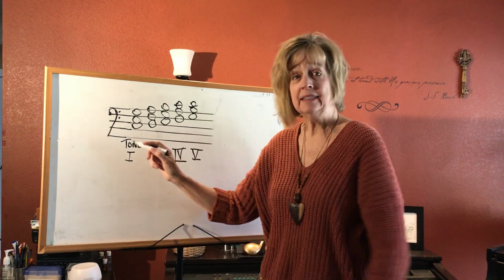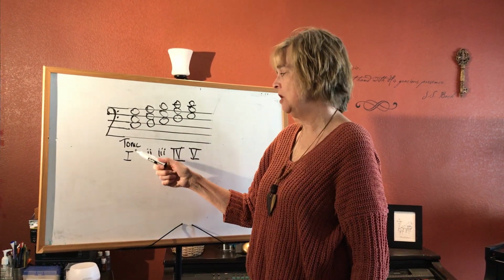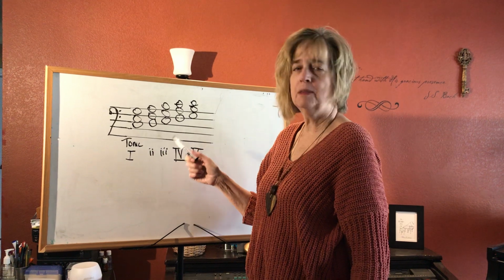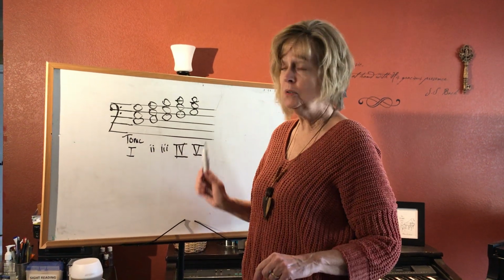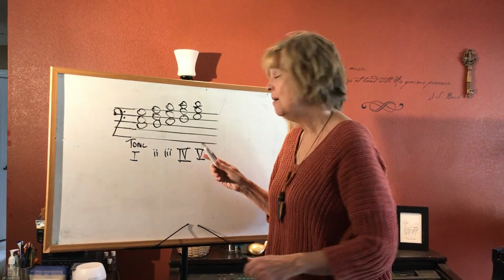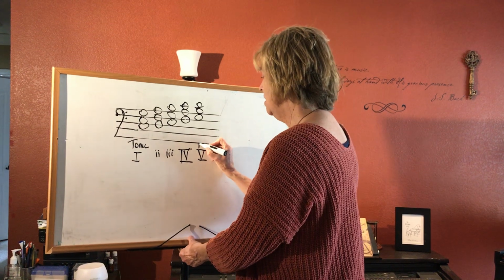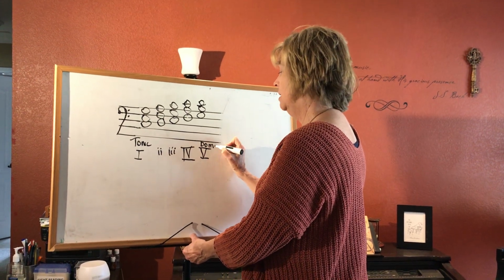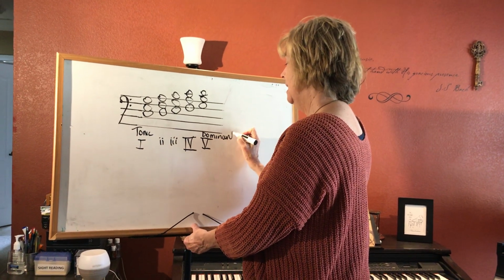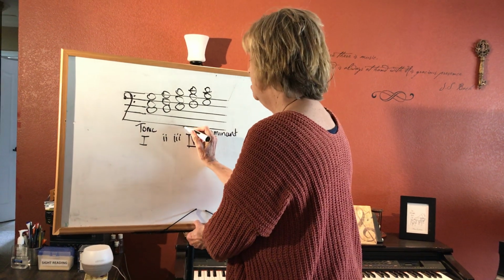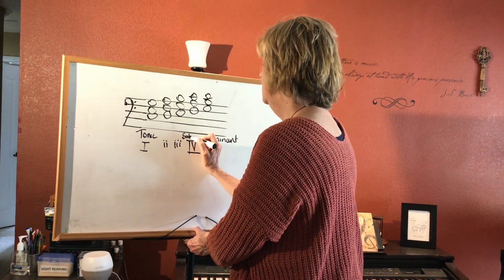Now each one of these has a scale degree name. This is the tonic, the supertonic, the mediant. You don't need to know all those. All you need to know is the dominant, and that would be our number 5 that we talked about last week. And this one is called the subdominant.